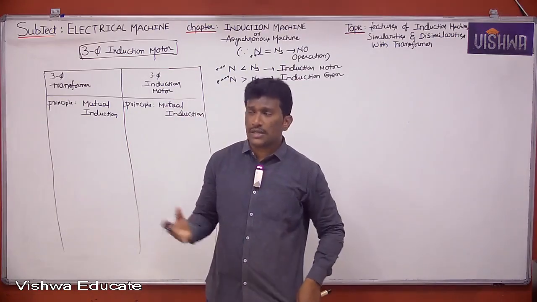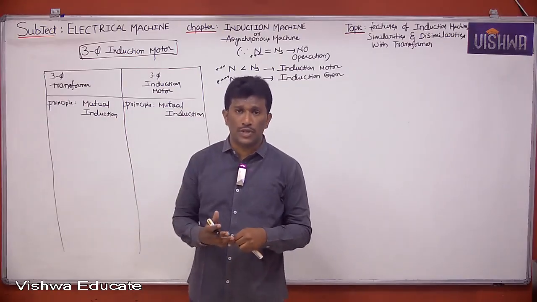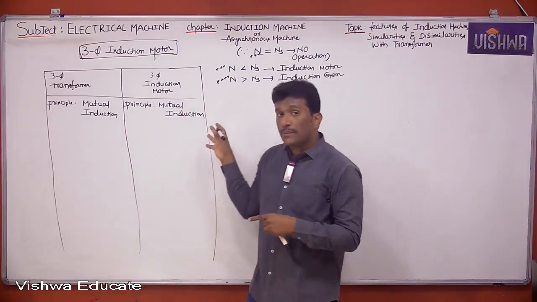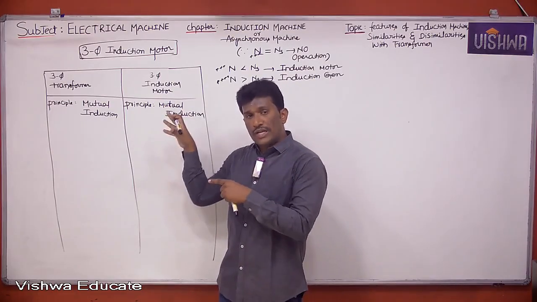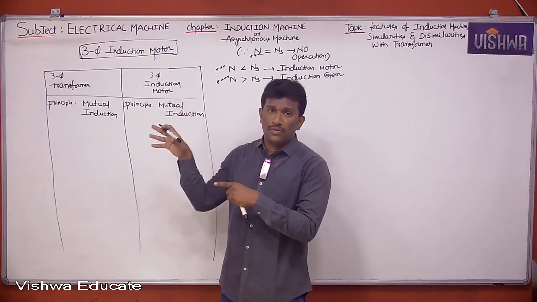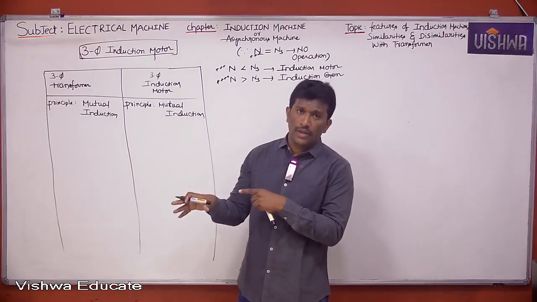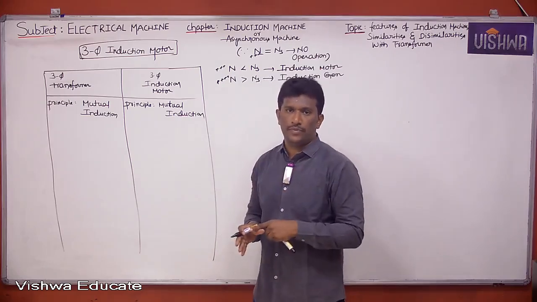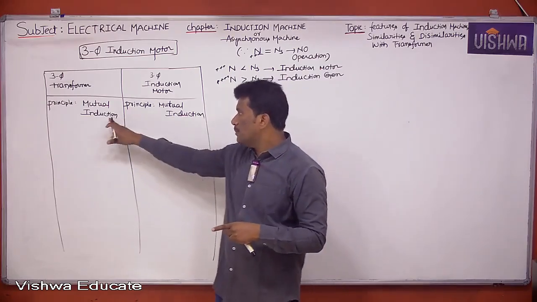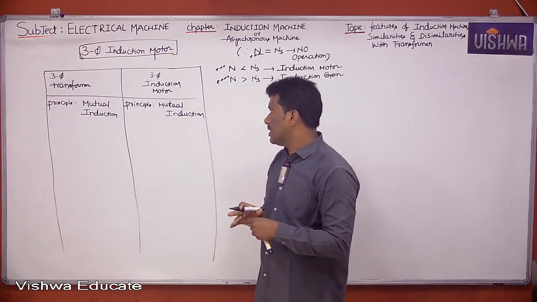That's what I call the mutual induction principle. Here also, if you give supply to the stator windings, flux will be produced, so EMF will be induced in the stator. The same flux will go from stator to rotor through the air gap. So the principle is mutual induction here also.